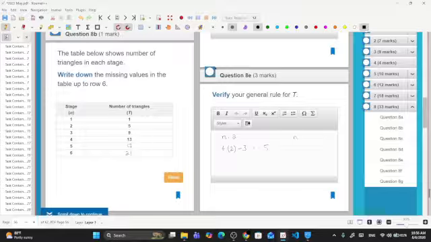Let's say the value of n is 4. So we get 4 into 4 minus 3, which becomes 4 times 4 is 16, and 16 minus 3 becomes 13. N equals 6. We get 4 times 6 minus 3, which becomes 24 minus 3, which becomes 21. So that's how we can verify our general rule.